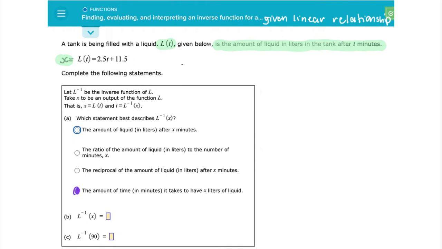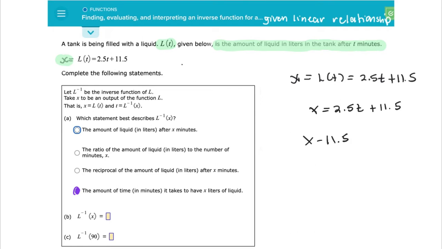Our next question is L inverse of x is equal to blank. So what we're going to do is take the equation x equal to L of T, which is equal to 2.5T plus 11.5, and now we're going to solve for T in terms of x. So we have x equal to 2.5T plus 11.5, subtracting 11.5 from both sides, so we'll have the 2.5T isolated.